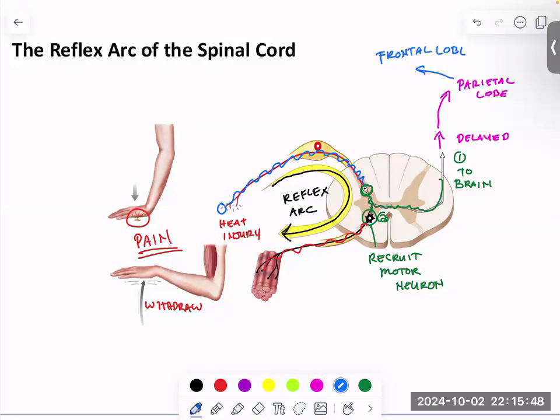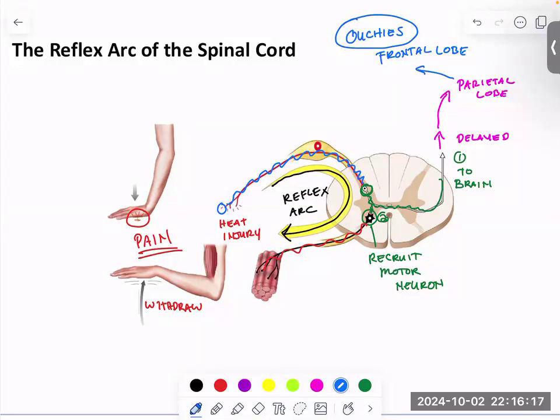There's a delay there, folks, because it takes a long time relative to the reflex arc to travel up to the brain, for your brain to decide that it hurts. It takes a little bit. So the reflex arc is like, okay. And then you're like, ouch, ouch, ouch, ouch. It hurts more after time goes by.